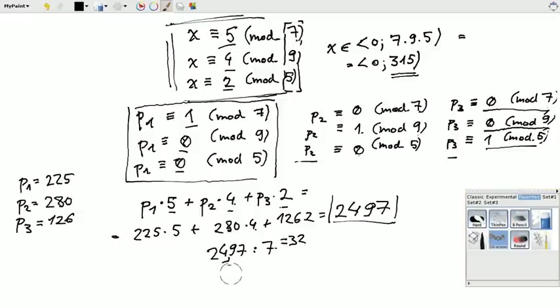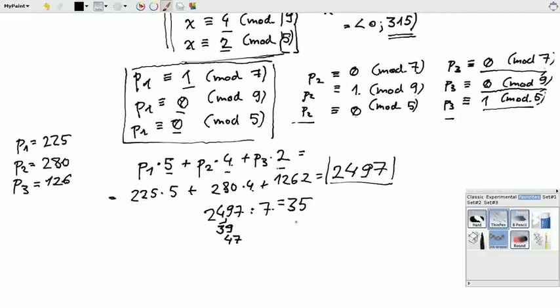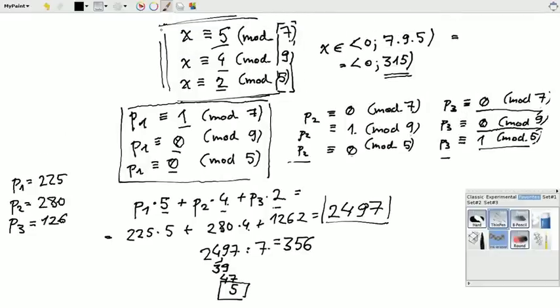I once again had a brain malfunction because there should be a 3 here, because 3 times 7 is 21. Well, there would be a 5 and a 47 would remain, and 42 is equal to 6 times 7, so 5 will be the remainder. Great. The first condition seems to fit.